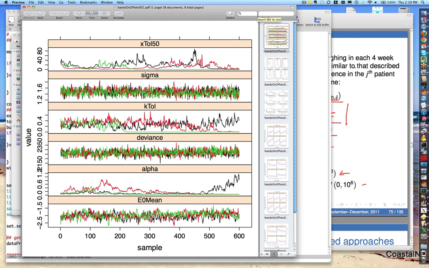So there's a few issues that could bring about something like that. One possibility here is just that we have a significant identifiability problem.